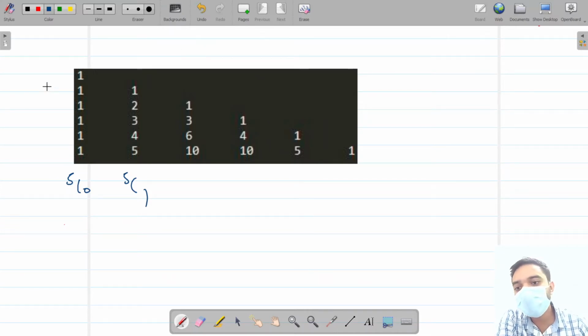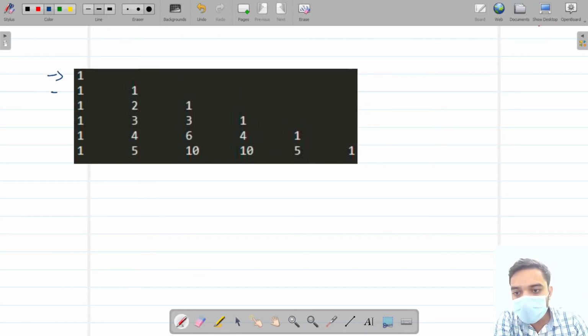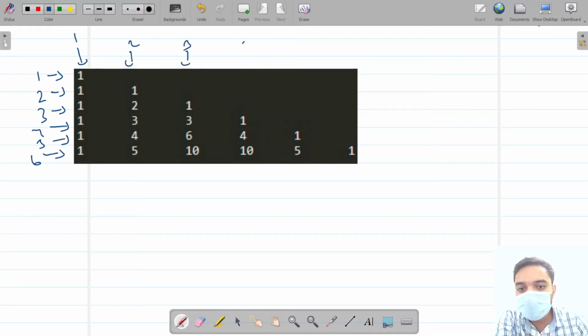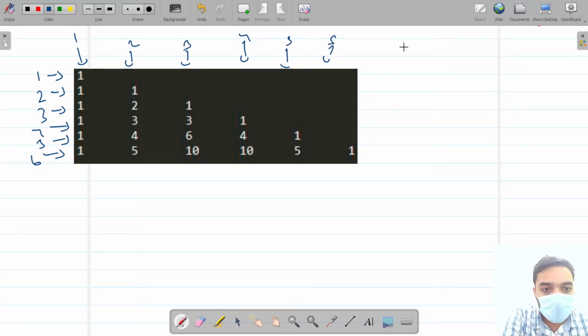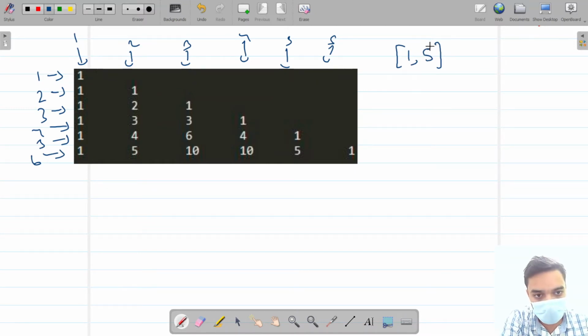In the previous question, we were starting our loops from I equals 1, I equals 2, 3, 4, 5 and 6, and the column was also like this: 1, 2, 3, 4, 5, 6. So we were iterating from 1 to whatever n is, including these two elements, right?